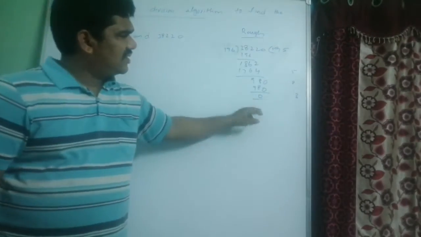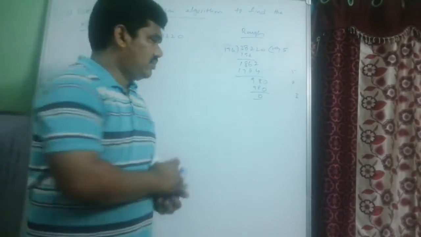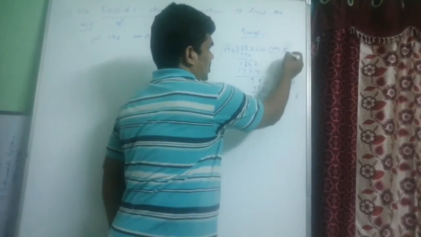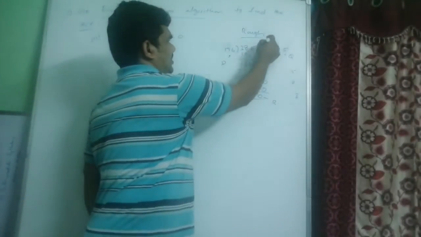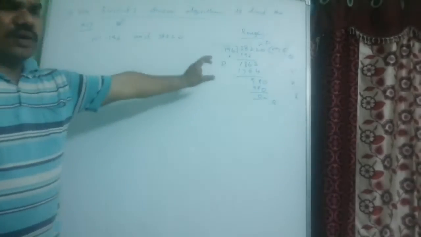Clearly the remainder is 0, and the quotient is 195. This is the divisor and this is the dividend. It's not a problem, we have to do this roughly.